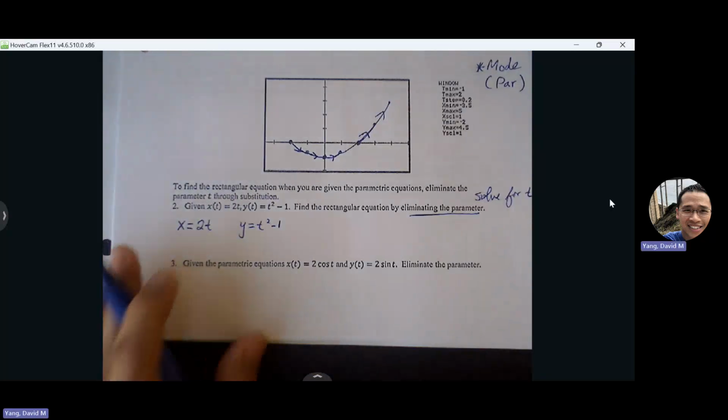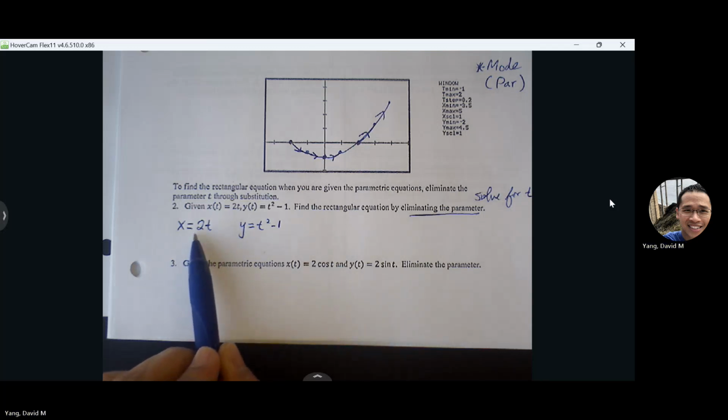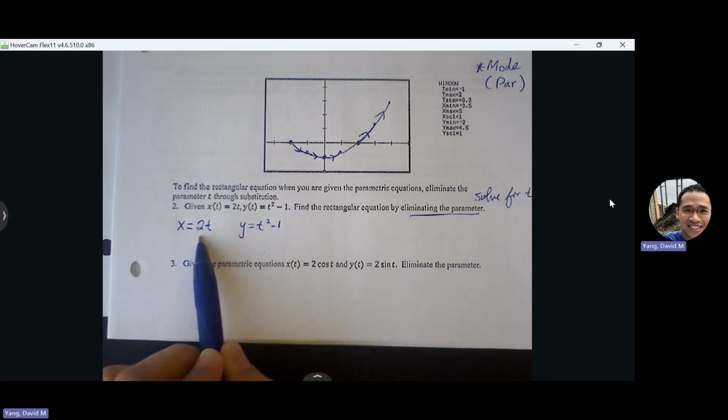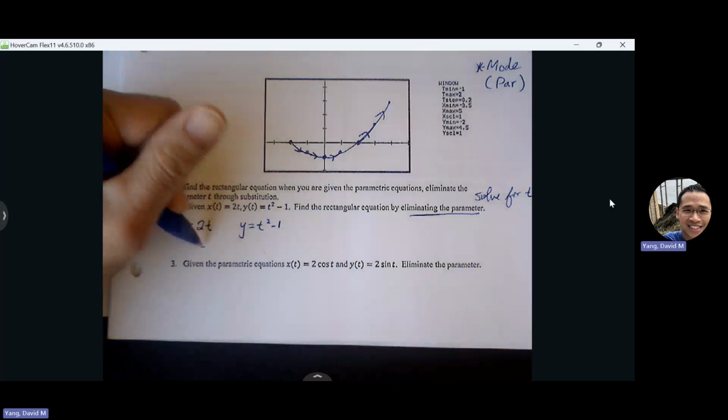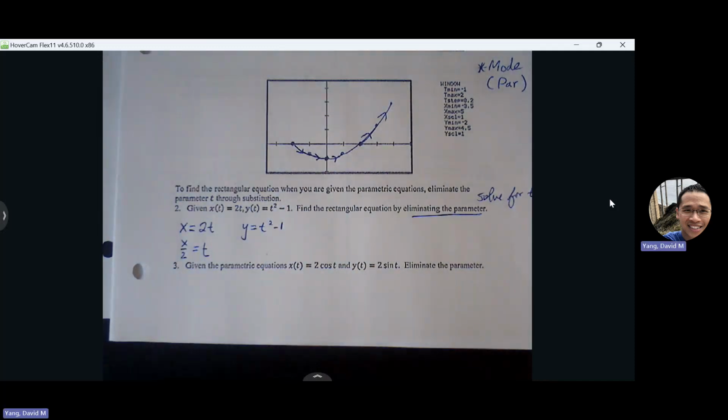Which t variable would be easier to get by itself? Yeah, the x. Here you've got to deal with square roots. It's a little bit messier here. So I'm going to focus on solving for t. And then we're just going to substitute.